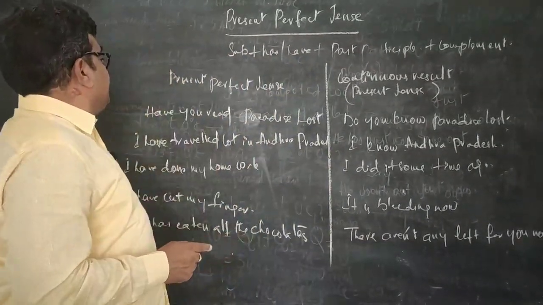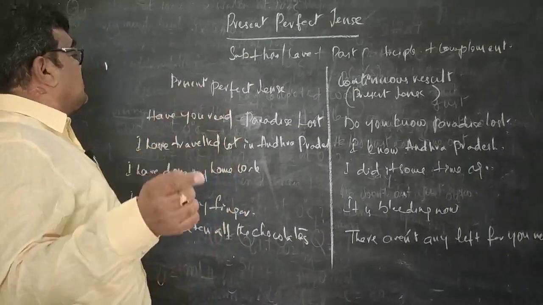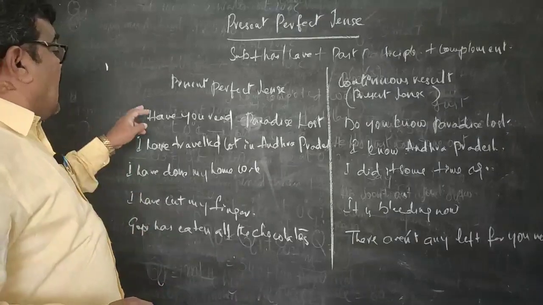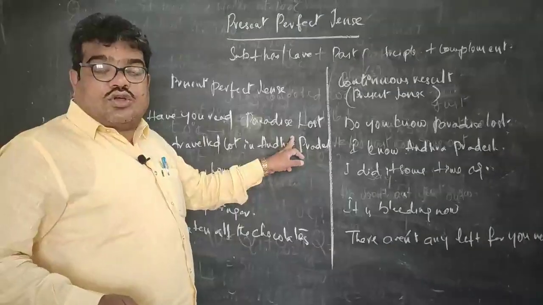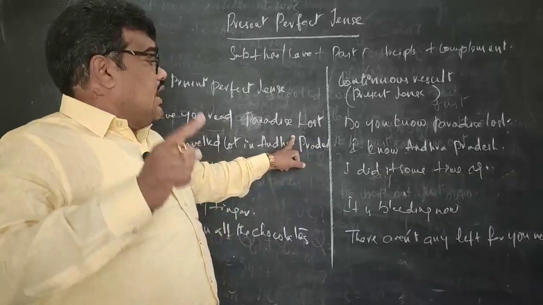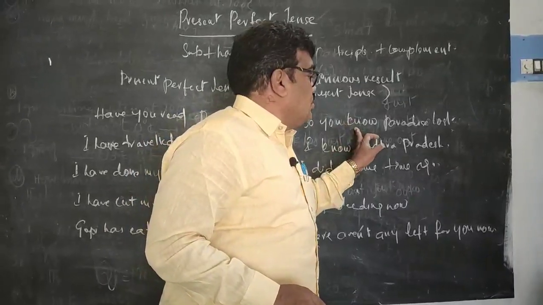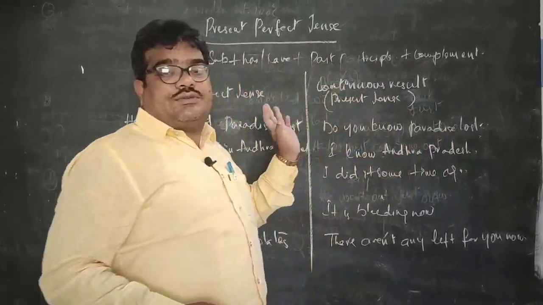For example, it has occurred sometime in the past, and what is the result of that? Have you read Paradise Lost? Sometime in the past means, do you know Paradise Lost?